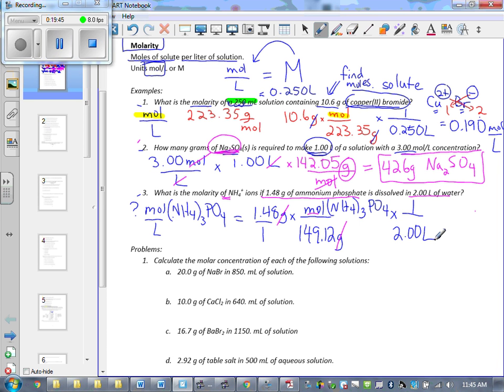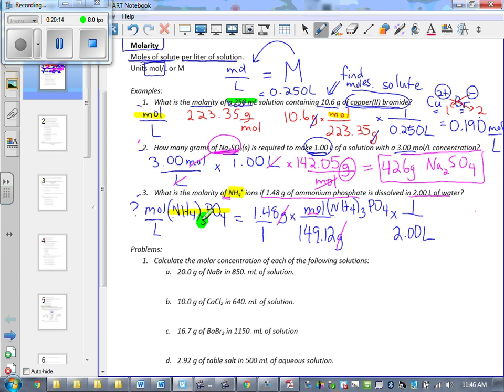So we would be done if we just wanted the molarity of the whole compound. But what we do want is just NH4. So we're going to use a little bit of stoichiometry. So for every 1 ammonium phosphate, Vanessa, how many ammoniums do we have? 3.